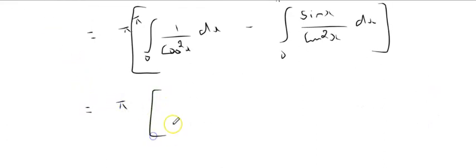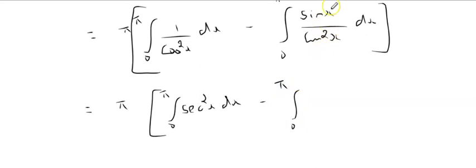which is nothing but pi times the integration of 0 to pi of 1 by cos squared, which we know is secant squared x dx, minus the integration of 0 to pi of sine by cos. I can now split this as sin x by cos x into 1 by cos squared x, which is nothing but secant x tan x. So I can write this as secant x tan x dx.